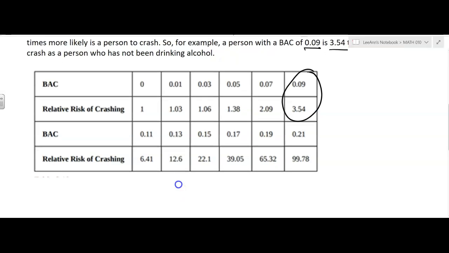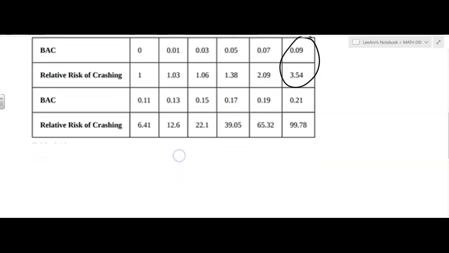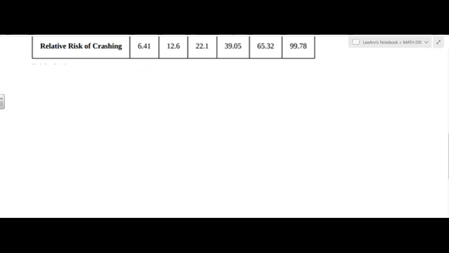Okay, so what we're going to do is try to graph this and see what model it fits. To do that, we need to get a grid. I often draw these by hand. It's helpful if we have a ruler. Okay, so that should be enough for us.